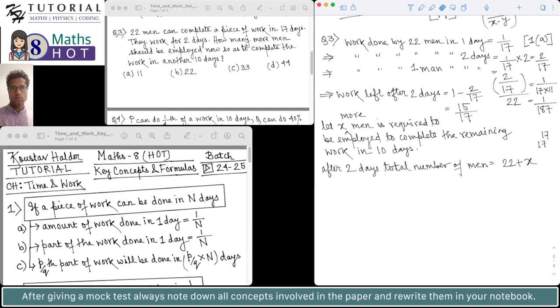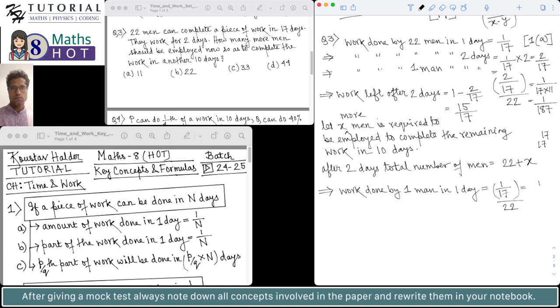I will use a simple basic unitary method. I know that the work done by one man in 1 day will be, we already know that work done by 22 men in 1 day is 1 by 17. So work done by one man in 1 day will be 1 by 17 divided by 22.